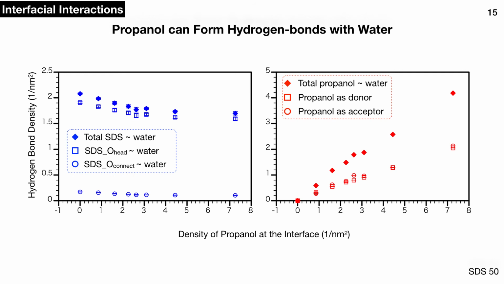We found that as the propanol concentration increases, the hydrogen bond density formed between the SDS and the water decreases. However, the hydrogen bond density between the propanol and the water increases. So based on this observation, we hypothesized that the decrement of interfacial tension by introducing the propanol might be caused by the ability of propanol to form hydrogen bonds with water.